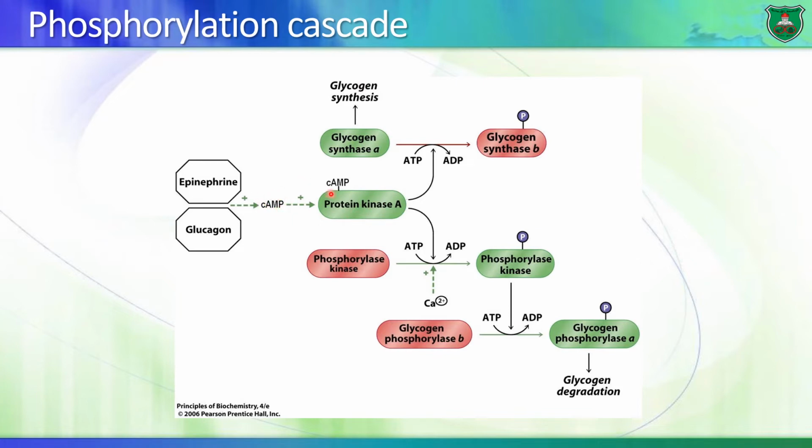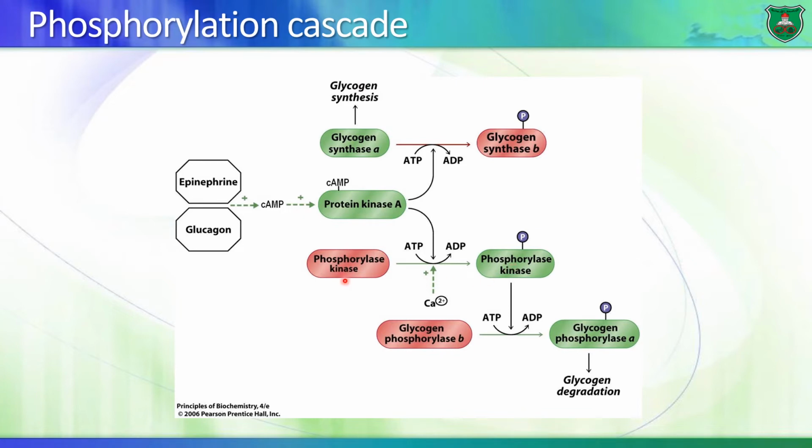When it binds to cyclic AMP, it gets activated. Protein kinase A would phosphorylate glycogen synthase, inactivating it, and it phosphorylates another enzyme known as phosphorylase kinase, activating it.